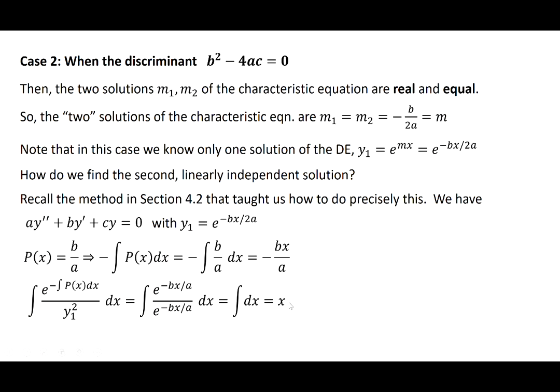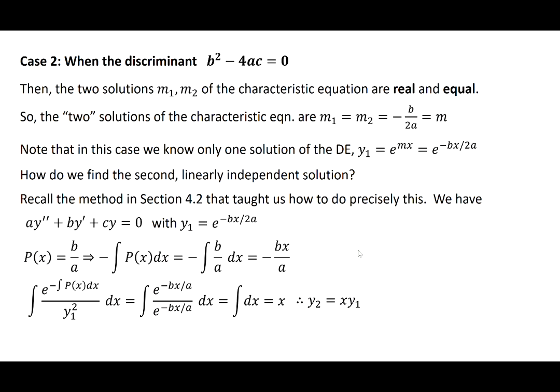And so we just get x, that integral. So what is y2? y2 is y1 times this integral, which means y1 times x. So y2 is nothing but x times y1. Oh, that made life easy. Can you see that life has been made very easy?